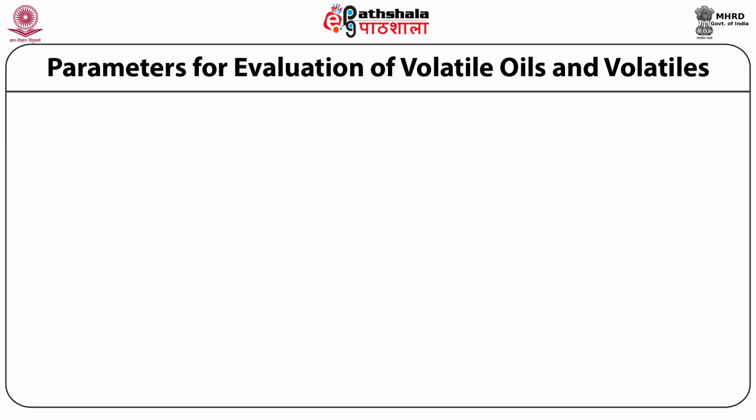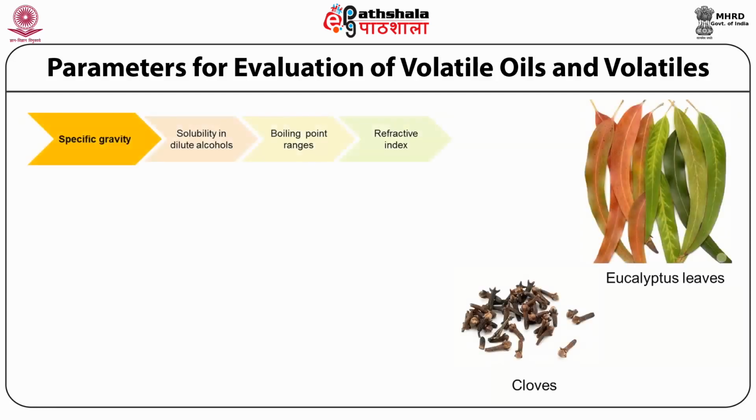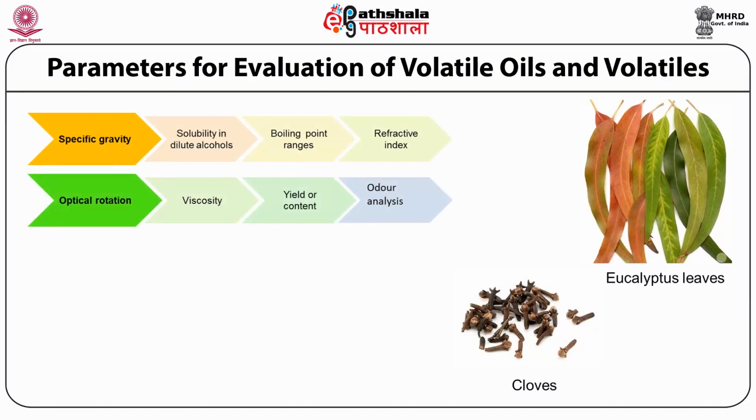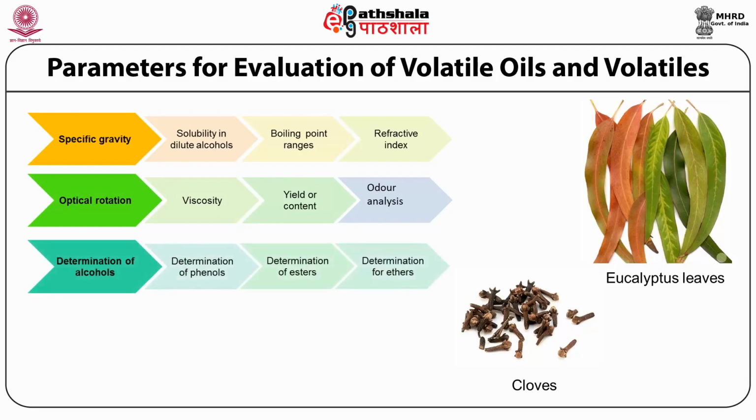You can see that there are some of those parameters based on physical properties, while others are chemical based. Specific gravity, solubility in alcohols, boiling point ranges, refractive index, viscosity, and optical rotation are parameters based on physical properties, while determination of alcohols, alcohol content, determination of phenols, esters, ethers, ketones, aldehydes, and other volatiles are based mainly on their chemical properties.